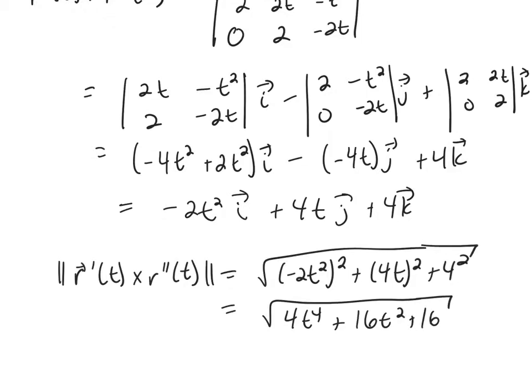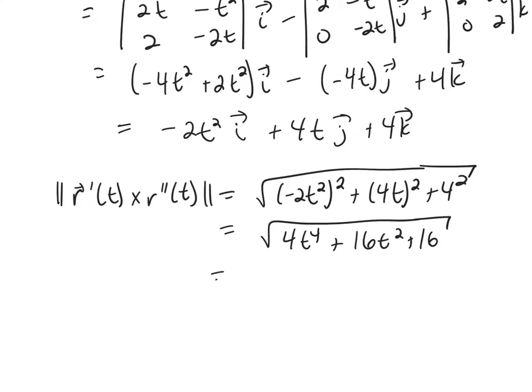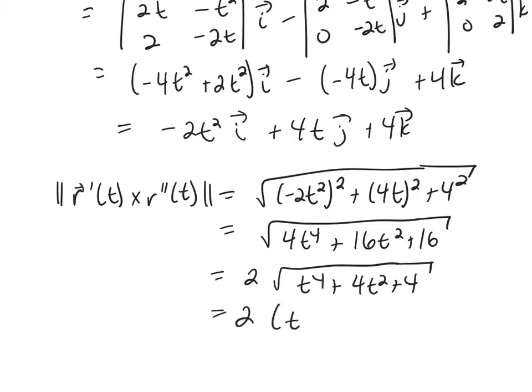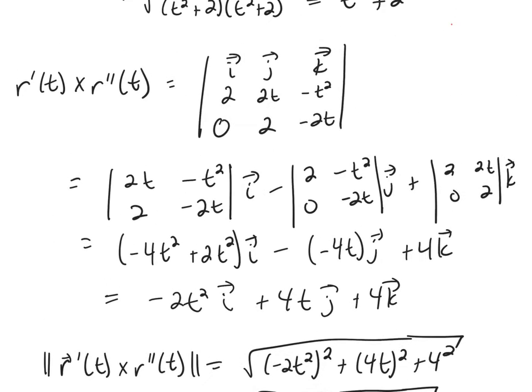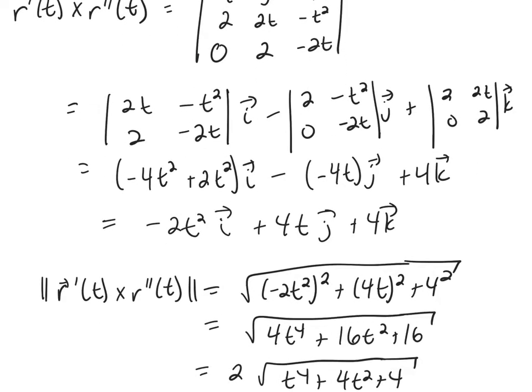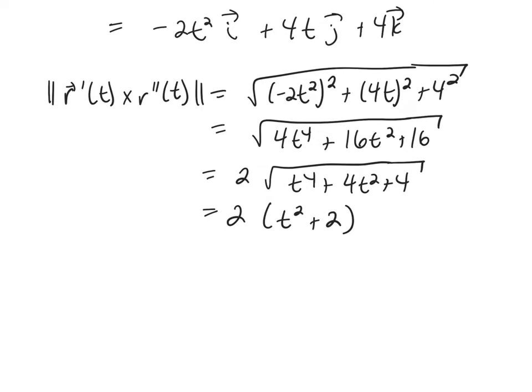If I factor out a 4, that'll become a 2 times the square root of t to the 4th plus 4t squared plus 4, which we already simplified before. It's equal to t squared plus 2. Right, we had that before. All right, so now we're ready to use our formula for curvature.